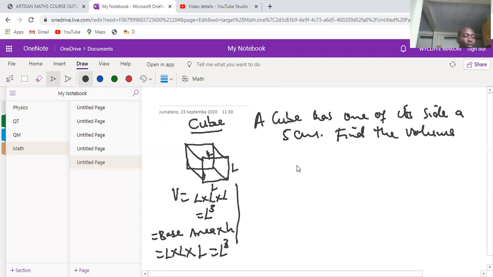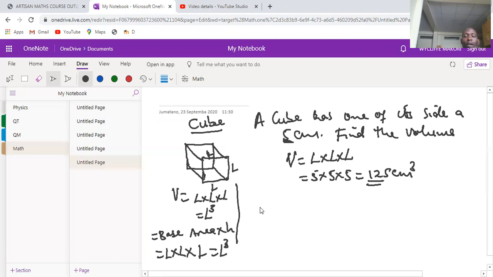So this is the same as volume equals length times length times length, whereby the length is 5, which is the same as 5 times 5 times 5, which will actually be 125. And remember to put the units, which is now centimeters cubed.